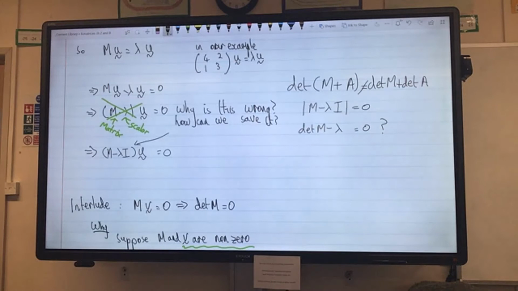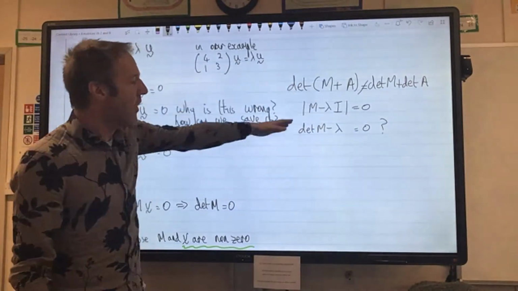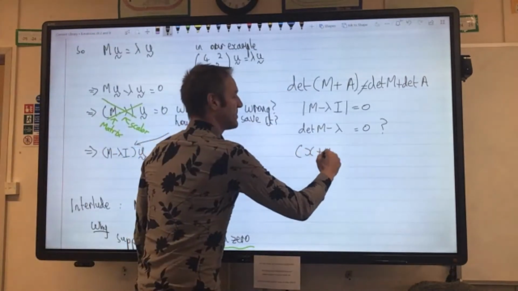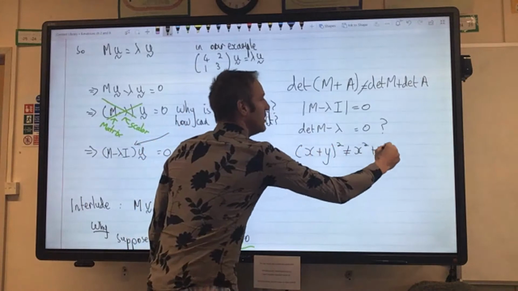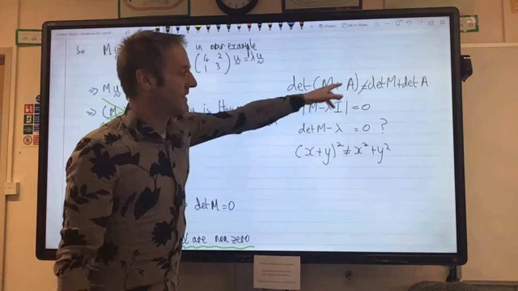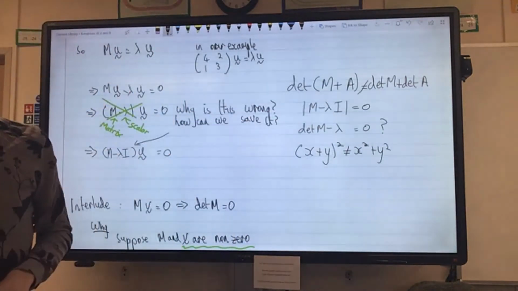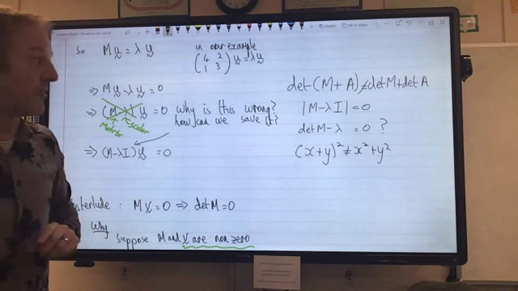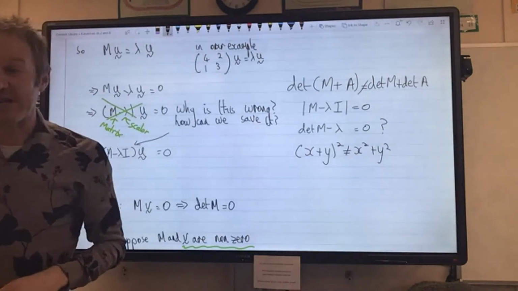Yeah, kind of. It's not true that x plus y squared is equal to x squared plus y squared. So why should it be true that the determinant of M minus lambda I is the same as the determinant of M minus the determinant of lambda I? Which isn't, by the way, lambda anyway.